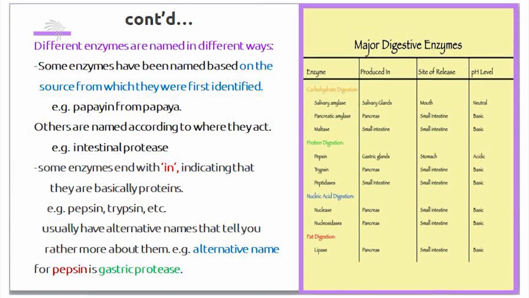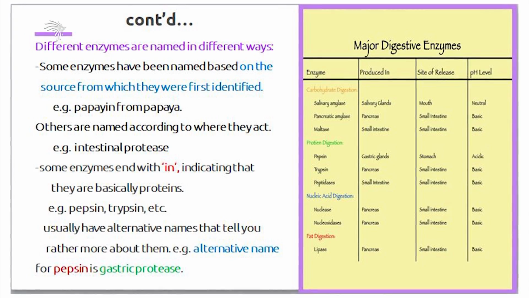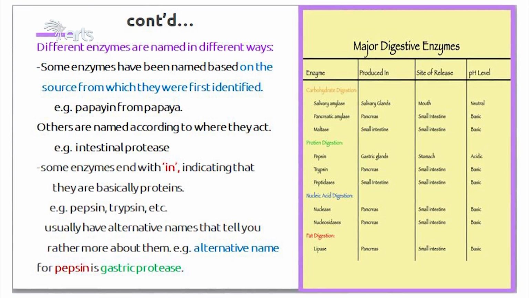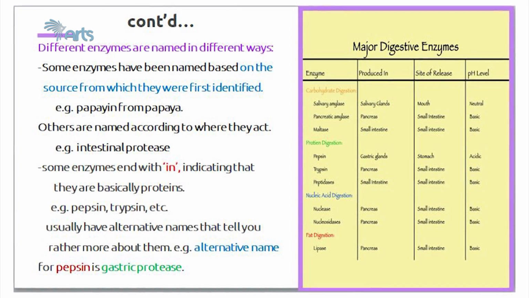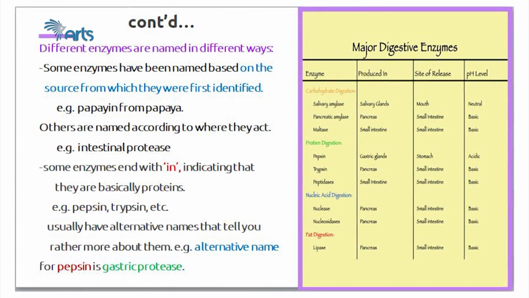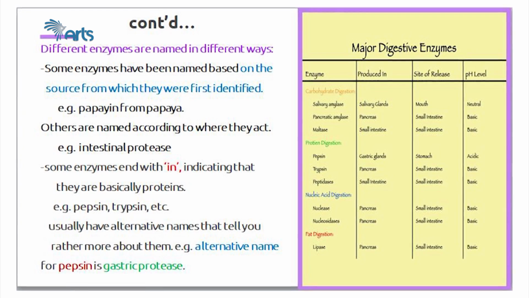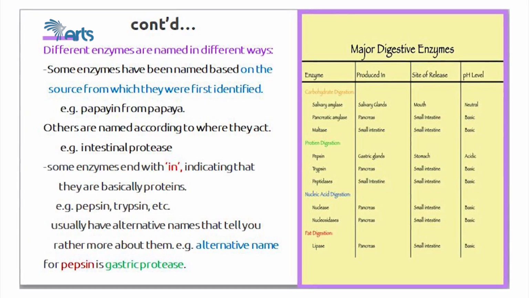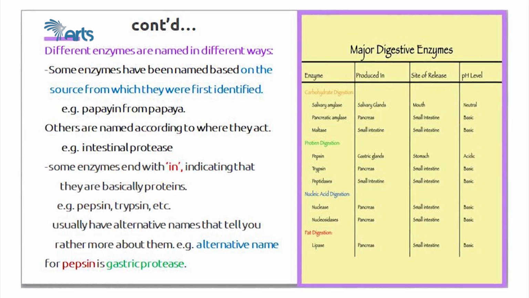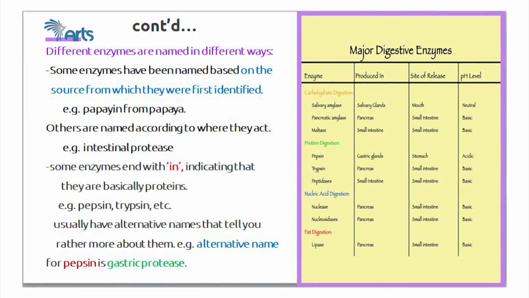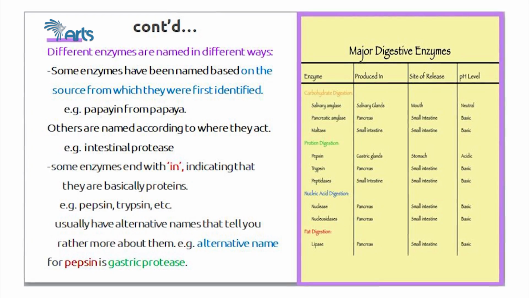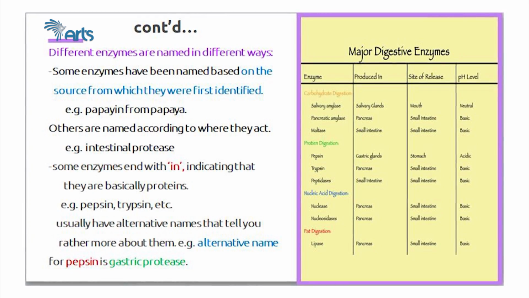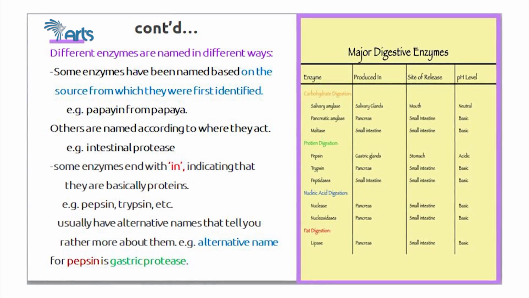We still have different naming mechanisms here. Some enzymes have been named based on the source from which they were first identified, for example papain from papaya. Others are named according to where they act, for instance intestinal protease in the intestine. Some enzymes end with -in, indicating that they are basically proteins, for example pepsin and trypsin. They usually have alternative names that tell you more about them.